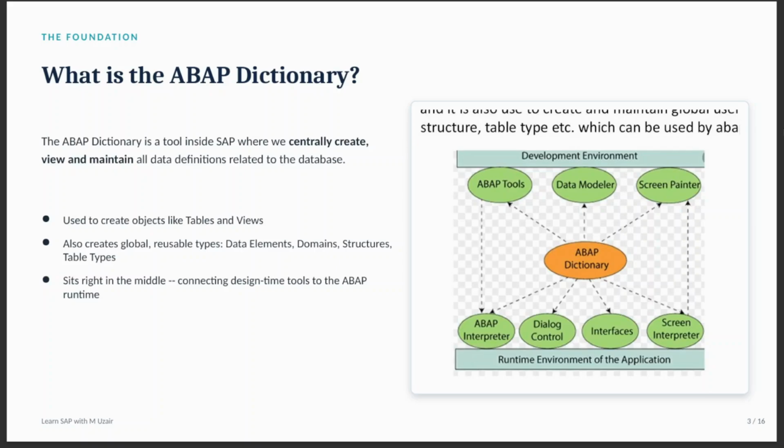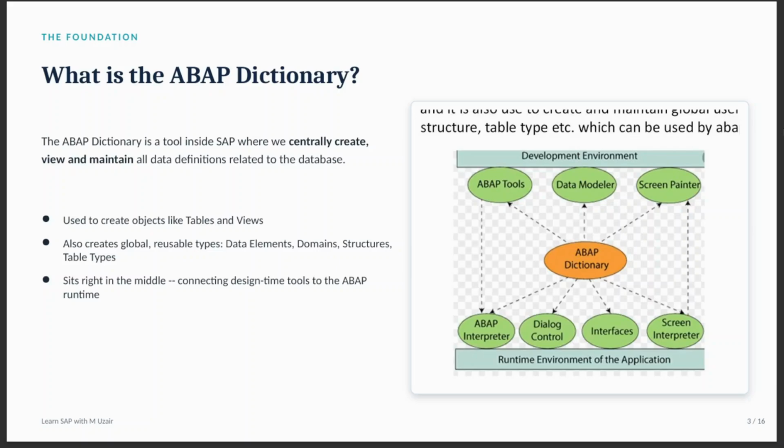Anytime we need to describe what a piece of data looks like, we define its type, length, and meaning. And look at this diagram on the right side. The ABAP dictionary sits right in the middle. On one side, you have development tools like ABAP Editor, Data Modeler, and Screen Painter.